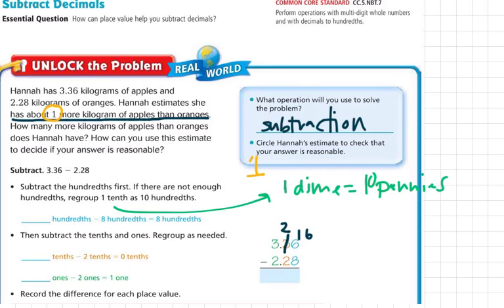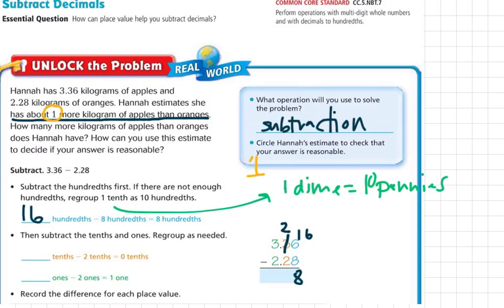The reason why we have 16 now is because we took 1 tenth from the tenths place, and now we have 10 hundredths plus 6 hundredths. So now we can do 16 minus 8, which gives us 8 hundredths. Remember, we did 16 hundredths minus 8 hundredths, which gives us 8 hundredths.